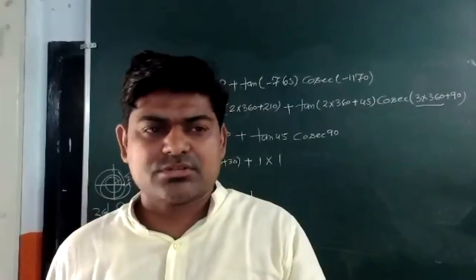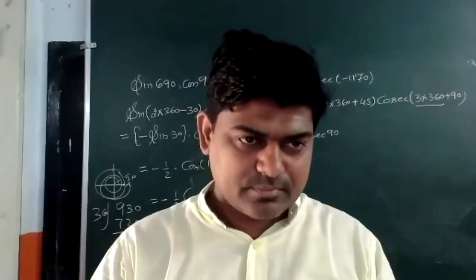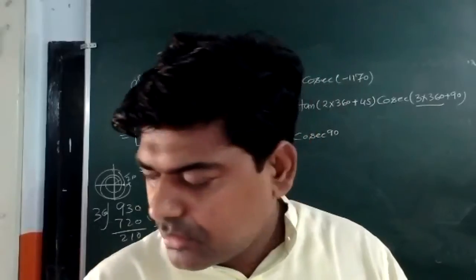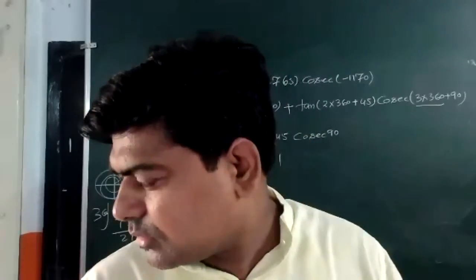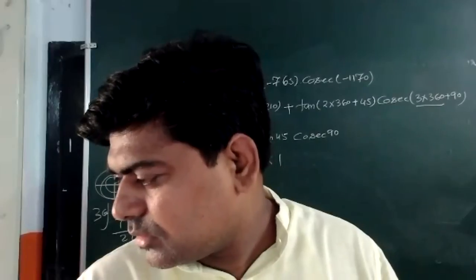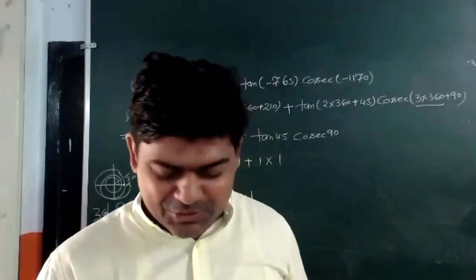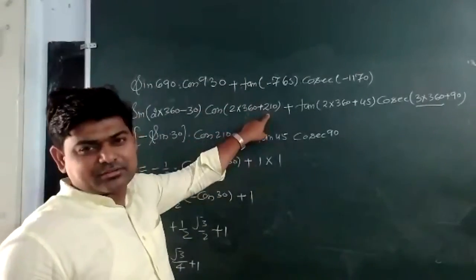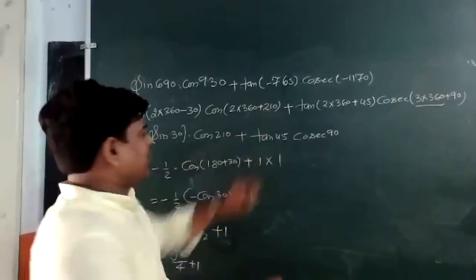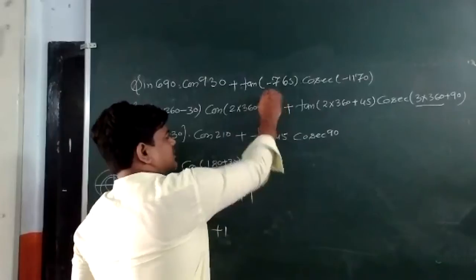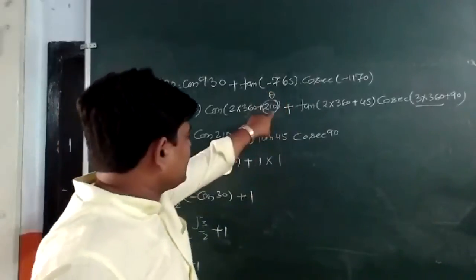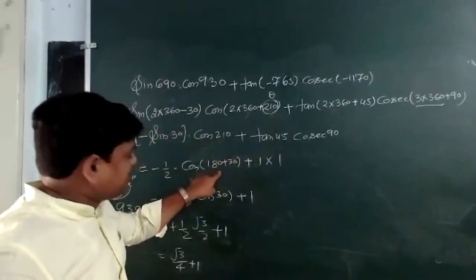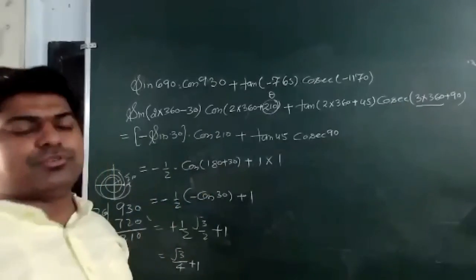Yeah, Ayush, what happened? Sir, in that cos you have taken 210 as 360 plus 210, so that will be in the third quadrant, right? No, listen to me. I think I told you in the starting. Actually, if I take it here, it is the third quadrant. Yes, sir. Then once I take negative, here I am taking simply theta one, nothing else, because we are not going to write the value of cos 210. 210 is again split in this form, and here I have got that negative.